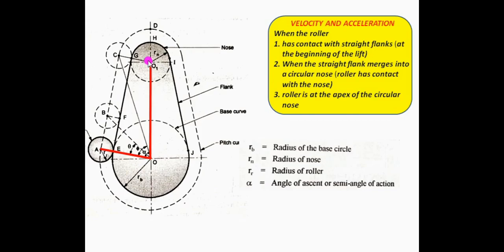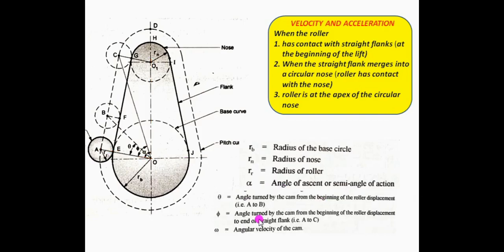The angle between the lines OO1 and OA is called alpha. This alpha is also known as the angle of ascent or semi-angle of action. Theta is the angle between the lines OA and OB, and phi is the angle between the lines OA and OC. Omega is the angular velocity of the cam.